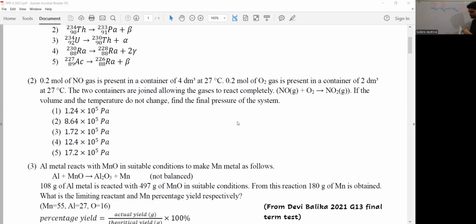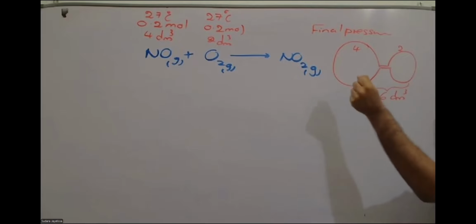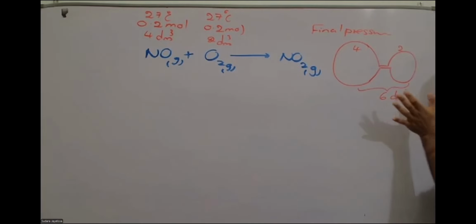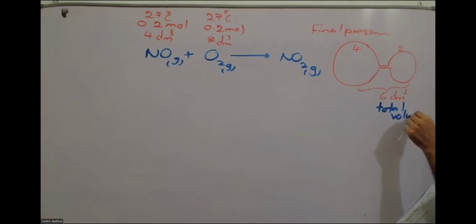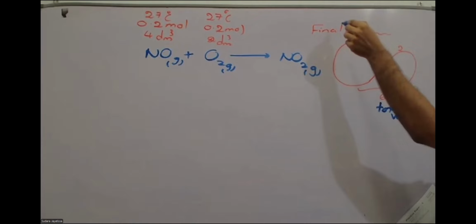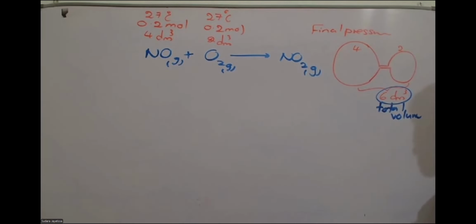This concept is really important, so understand it before doing the question. Now let's go to the board and try this one. When you join the 2 containers, remember it becomes 6 decimeter cube, the total volume. So when you find the final pressure, you have to consider 6 decimeter cube.